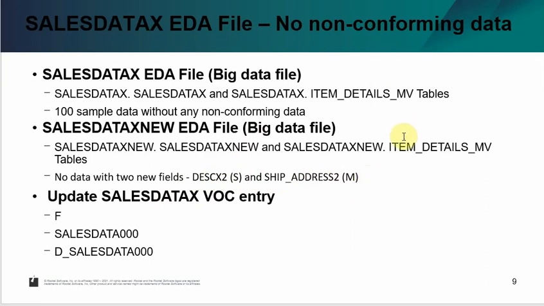After you do the conversion, you just change your VOC entry to a new table, a new file called SALESDATAXNEW. From the Universe file itself, you will read everything and it comes to the SALESDATANEW EDA file.